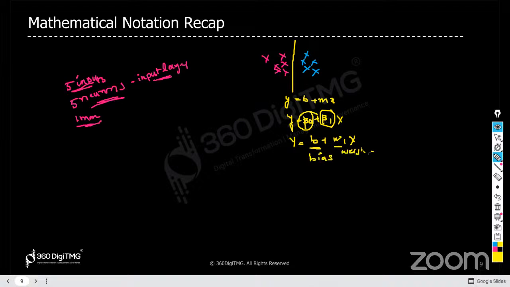If I multiply these things with 1, b is multiplied by 1, and beta naught is also multiplied by 1.